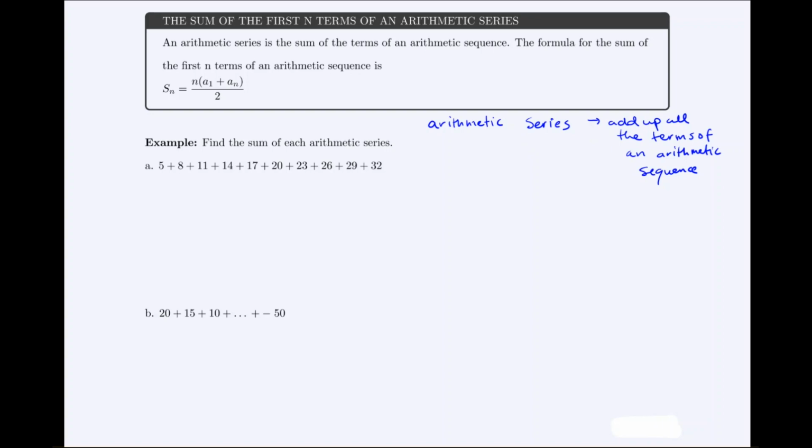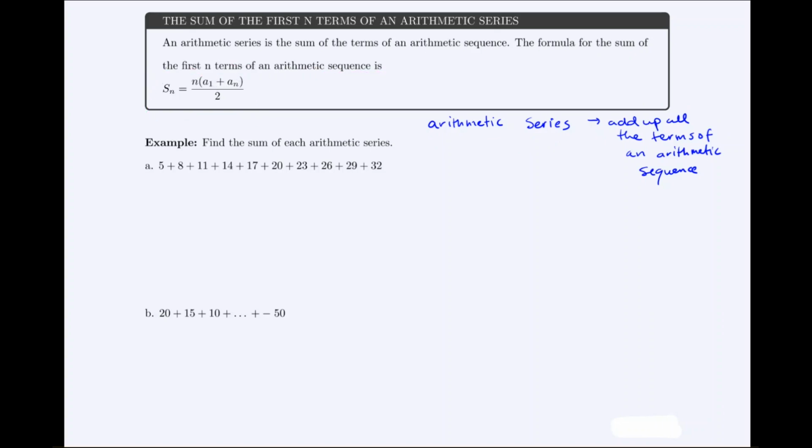Now, since arithmetic sequences are filled with such a pattern, it happens to be that whenever you add up all those values, there's still a pattern evident. So if we wanted to find the sum adding up the first n terms of an arithmetic sequence, it would be exactly this formula.